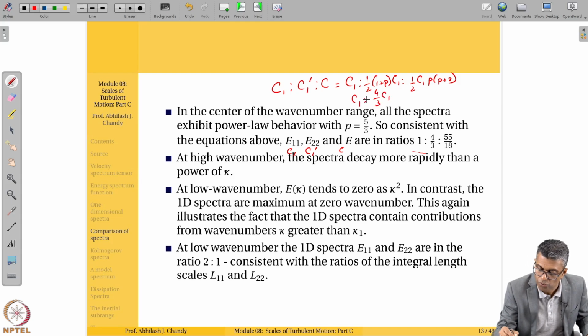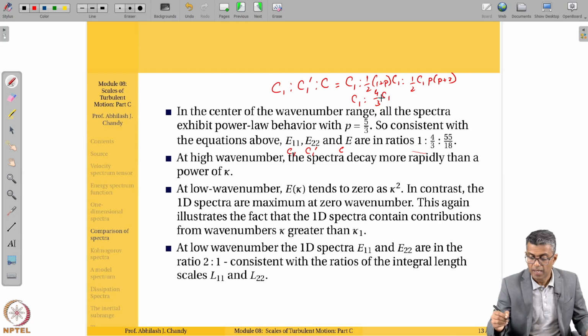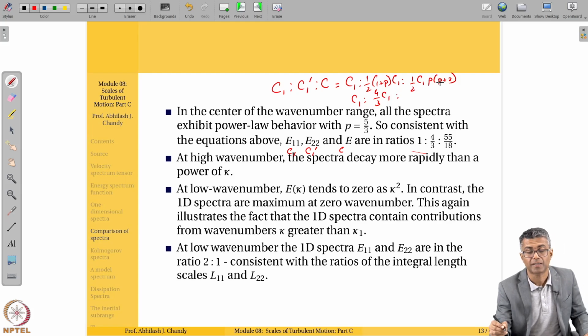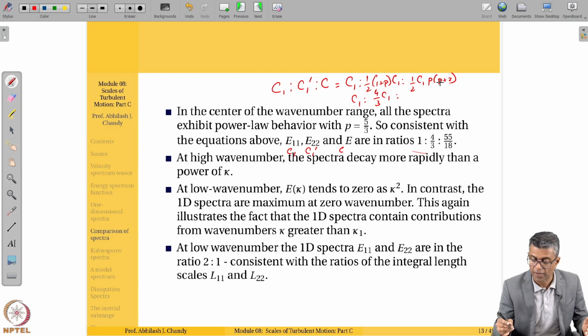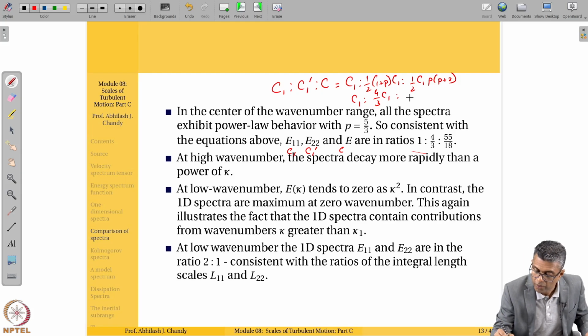So we have C1 is to 4 over 3 C1 because half times 1 plus P is half times 1 plus 5/3, which is 4/3, is to half times P plus 2. So that is 5/3 times 5/3 plus 2.